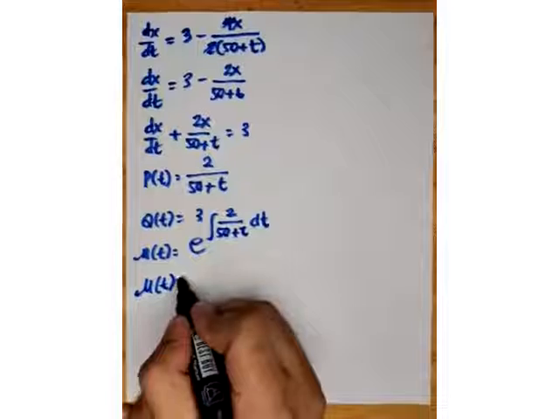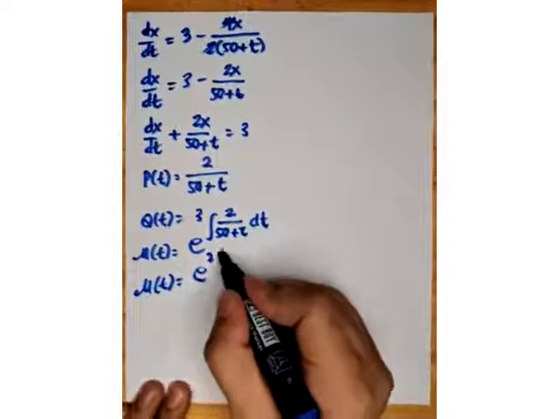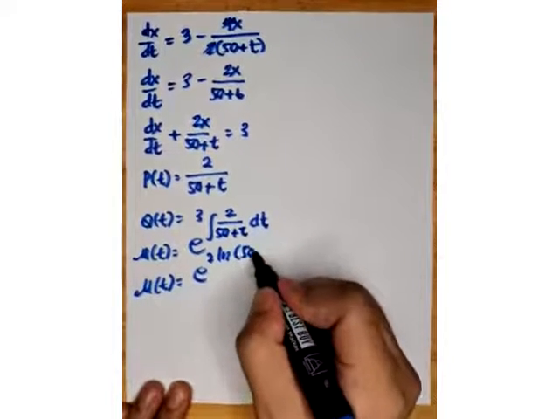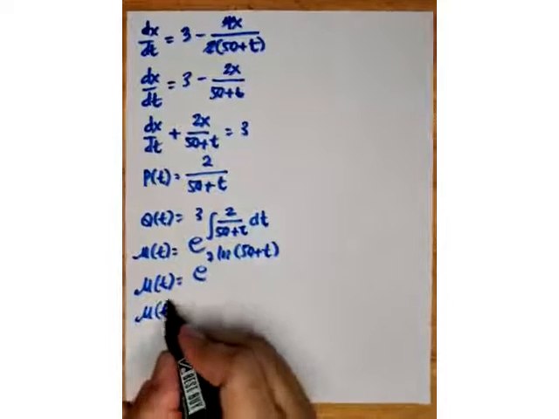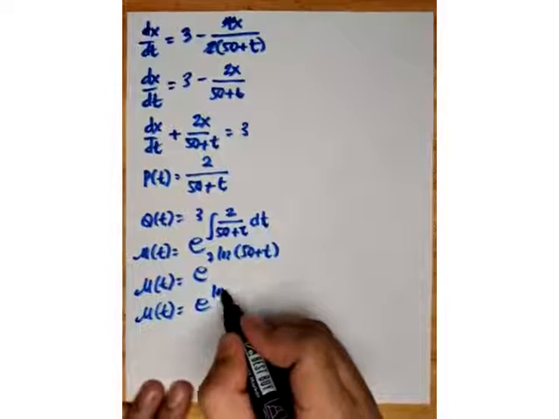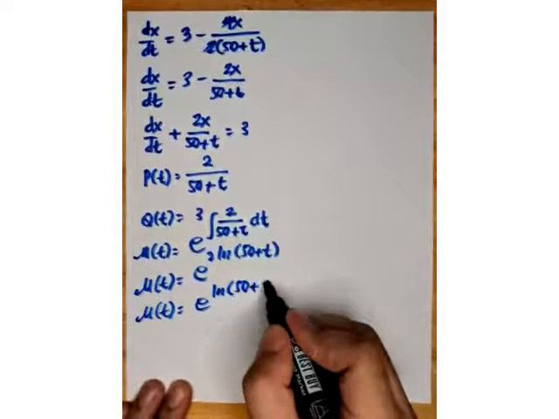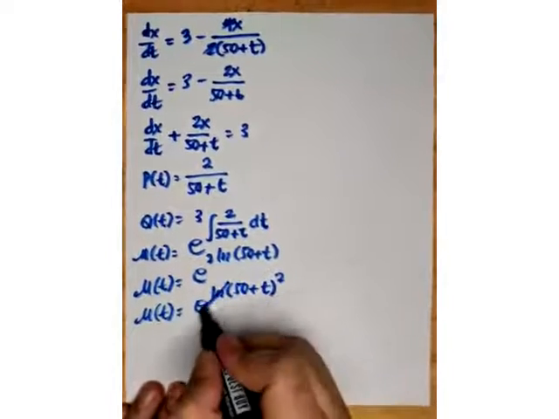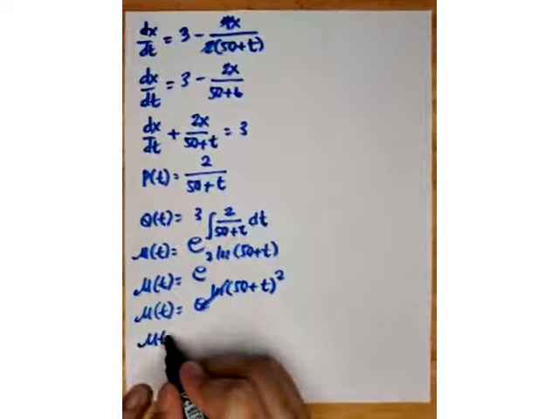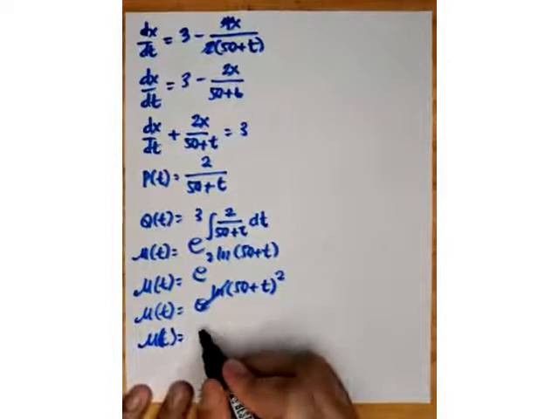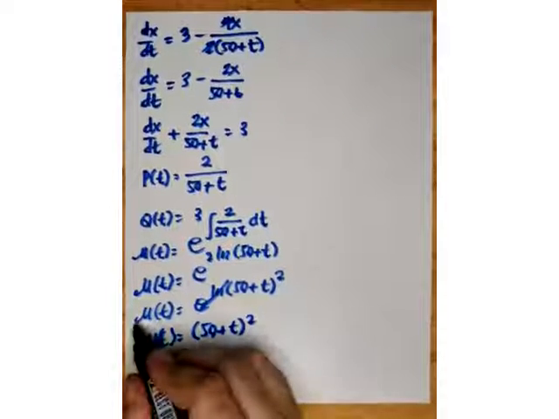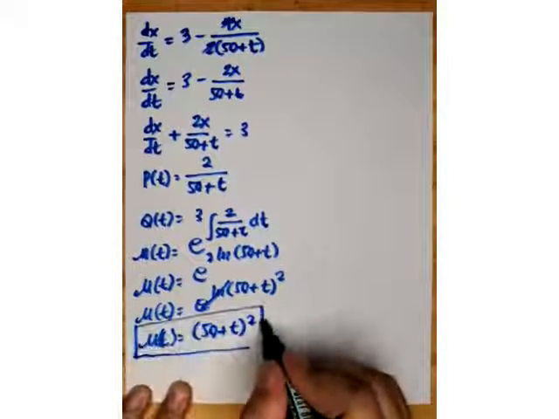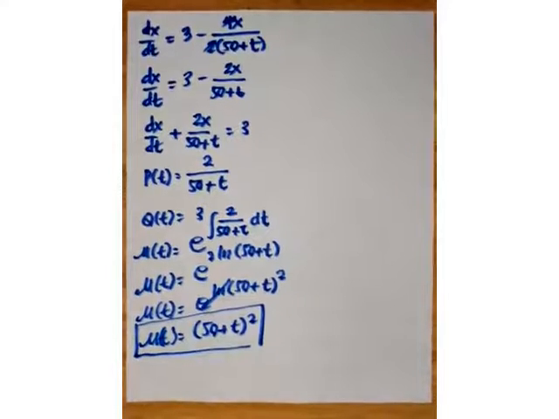So let's integrate that. So that's equal to e to ln of 50 plus t. Let's simplify natin. So the integrating factor is equal to e to the ln of 50 plus t raised to 2. Cancel. So the integrating factor then is equal to 50 plus t squared. Okay?